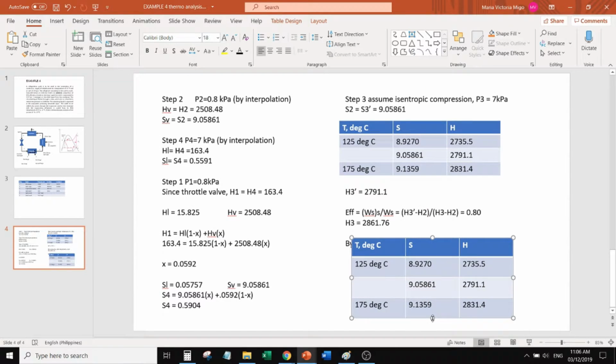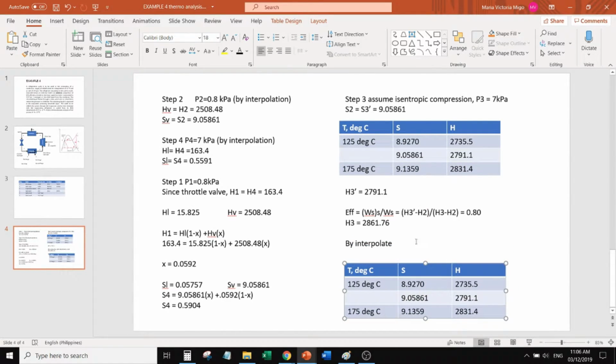By interpolation, so we have pressure. This is pressure. This is temperature.